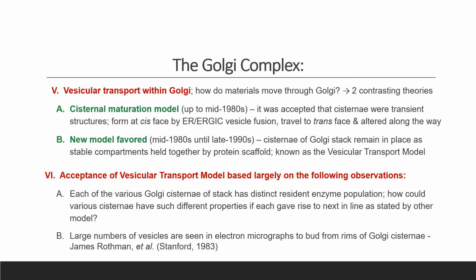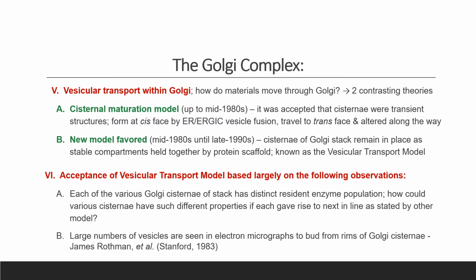Each of the various Golgi cisternae of a stack has a distinct resident enzyme population. How could these various cisternae have such different properties if each gave rise to the next in line, as stated by other models?